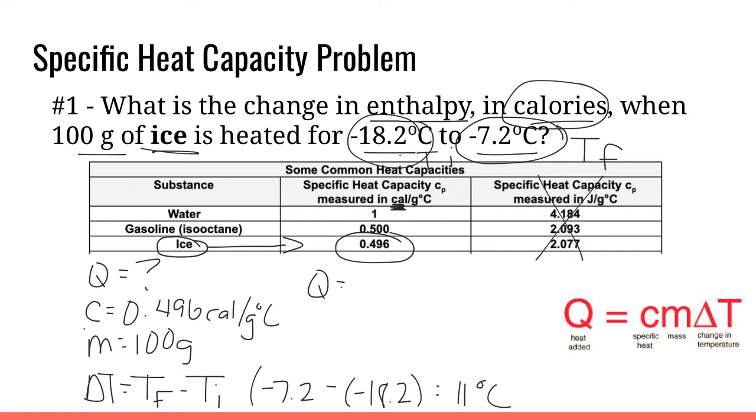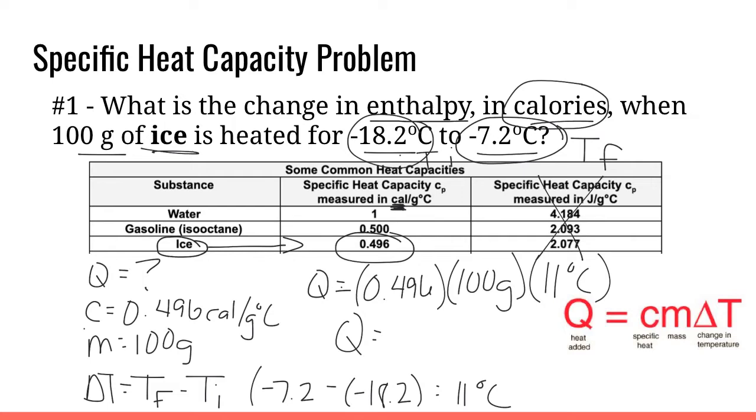Okay, now I just need to plug these values in. So Q is equal to C m times delta T. So I'm going to go 0.496. I'm not going to put units on them because I already did over there. Times 100 grams times 11 degrees Celsius.